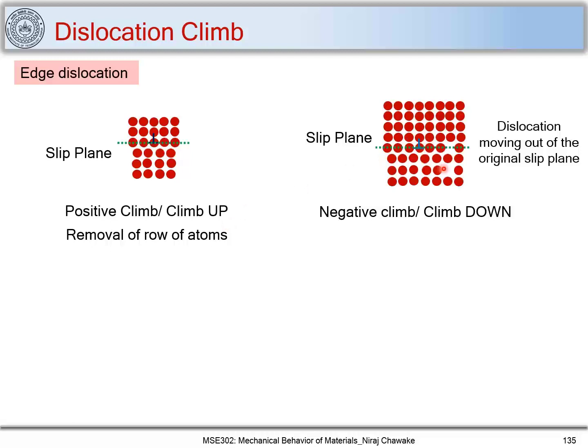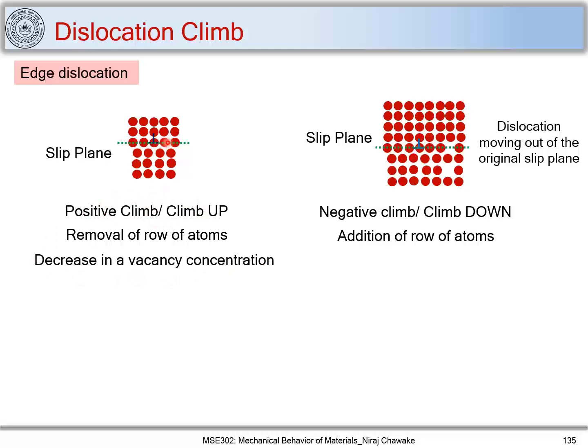Here in this case you have addition of a row of atoms to an extra half plane. We have seen that the atoms moved to the extra half plane. Thus, in other words, we can say that there is a decrease in vacancy concentration when there is a positive climb or a climb up.